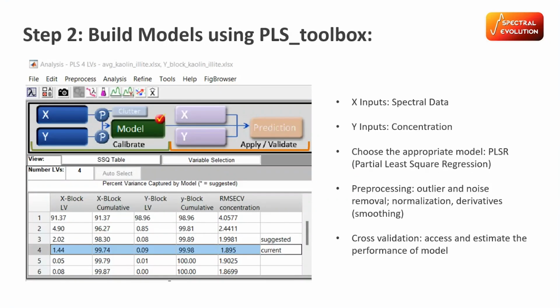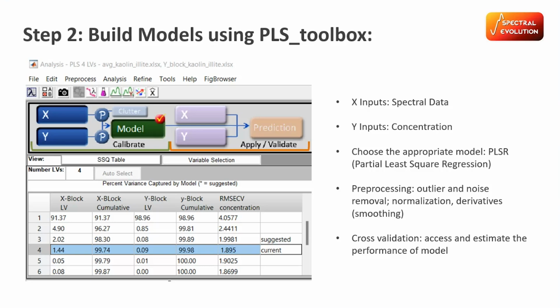So next step is to build models using the PLS tool. The X input would be the spectral data, and the Y input would be the known concentrations of that spectral data. So choose the appropriate model, which in this case would be the partial least squares regression. And for this analysis, we use the Eigenvector tool. That's a statistical analysis tool that we highly recommend and is integrated into Darwin.